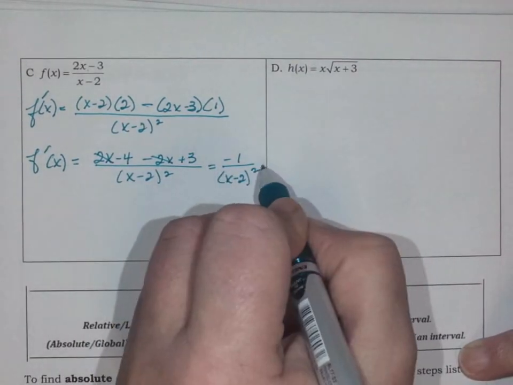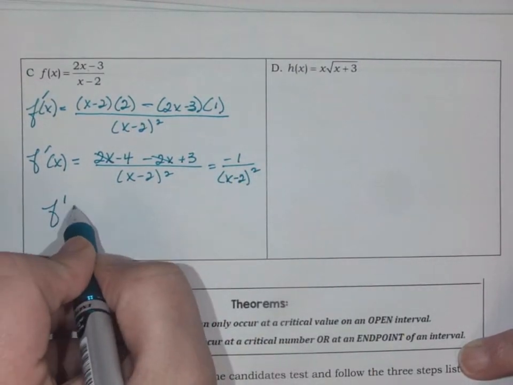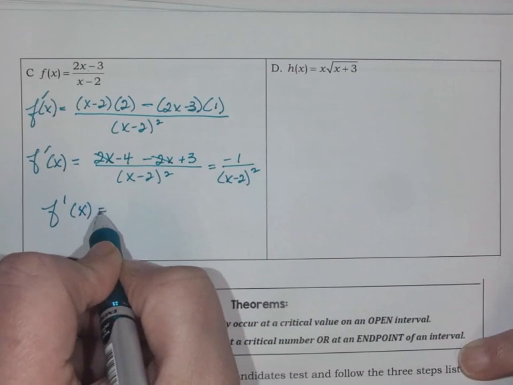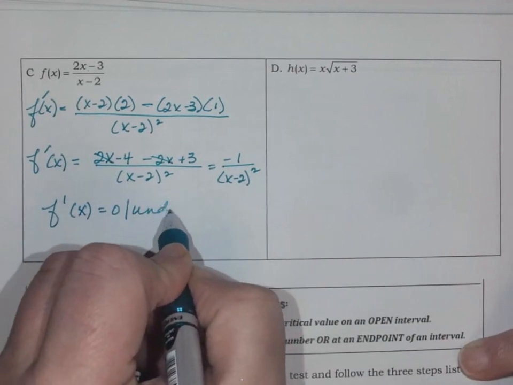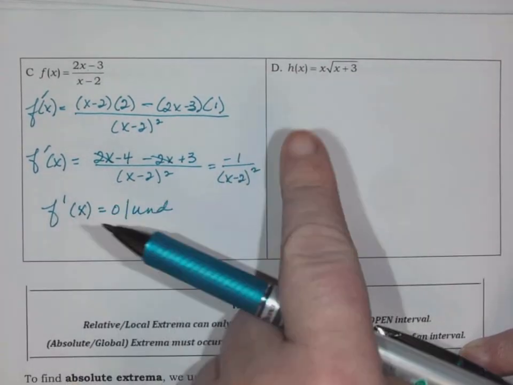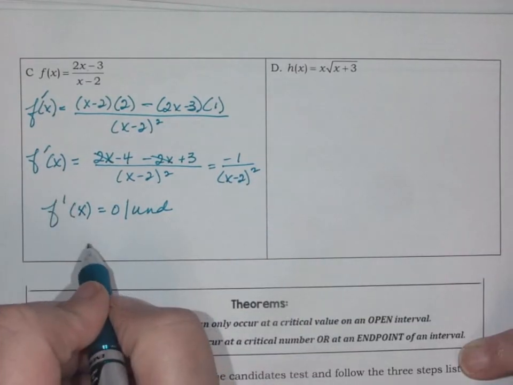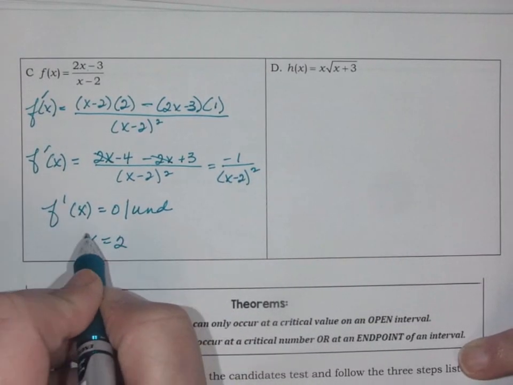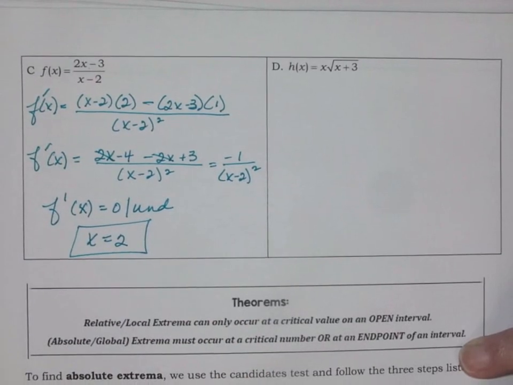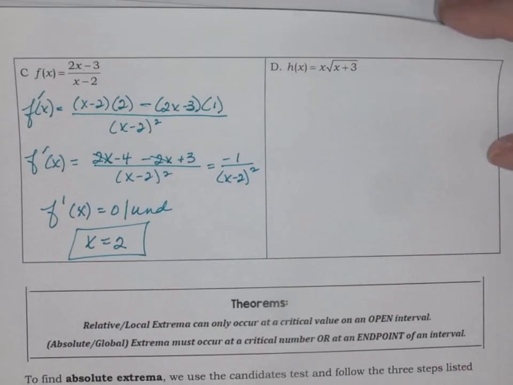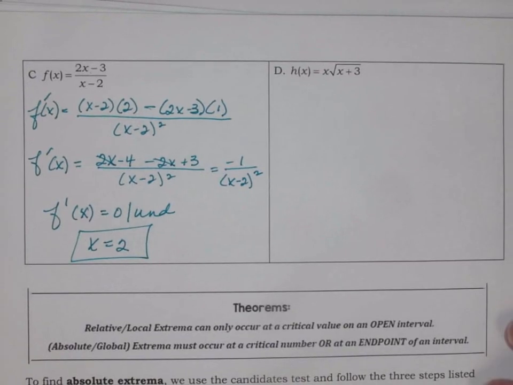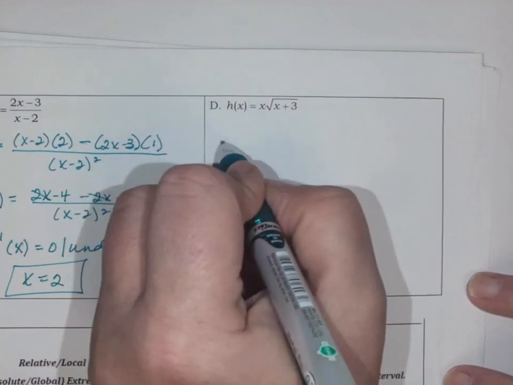Now, if I want to set this equal to 0 or undefined, I take the numerator, I can't make it 0, but I can make it undefined at x equals 2. So that's going to be my critical value. All right, on the next one, we've got to use the product rule.